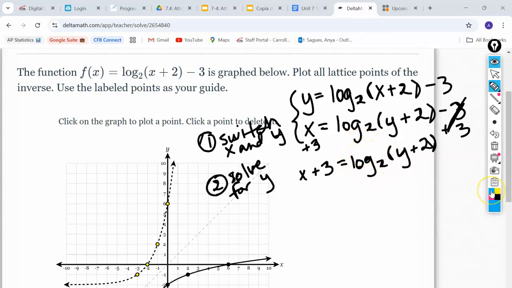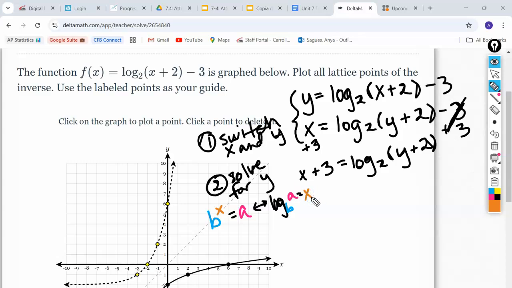Now the way that I'm going to do that is I'm going to use the formulas that we talked about a couple of classes ago, and I'm going to color code, so forgive me, it'll take a second. b to the x is equal to a can be transformed to log with a base of b, a equals x.